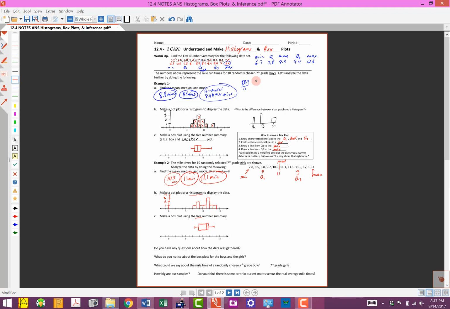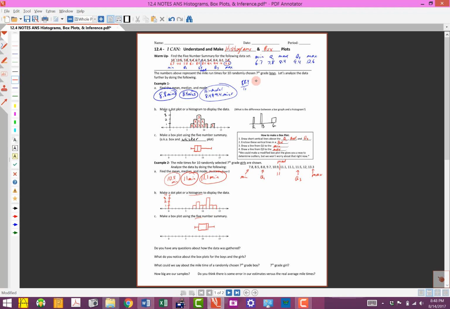Basically what I did is I got all the run times for all the 7th grade boys and girls from the gym teachers, and then I randomly selected those with a random number generator. So they were all from this school, so that really is a good sampling for the students at this school. Ten, you might argue, we might do a little bit better than 10, but that keeps the data manageable.